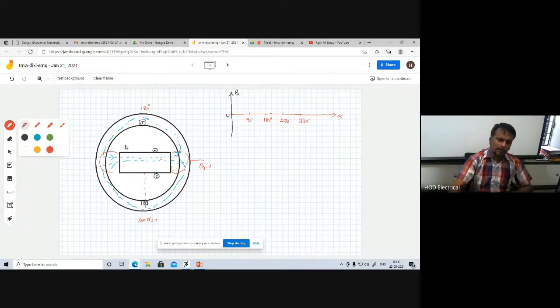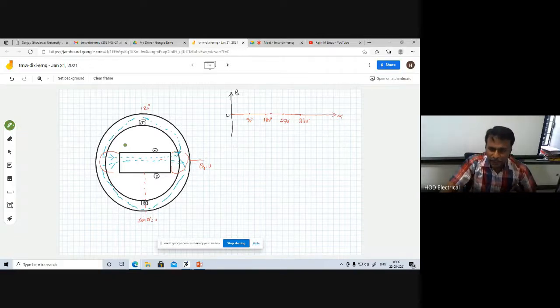If you draw the magnetic flux density in this region, the magnetic flux density will be maximum, and then it will come down.